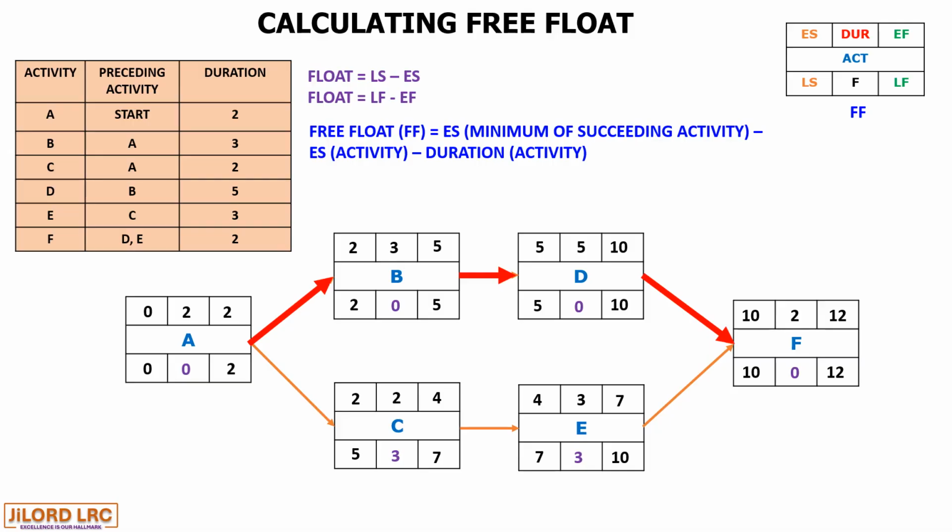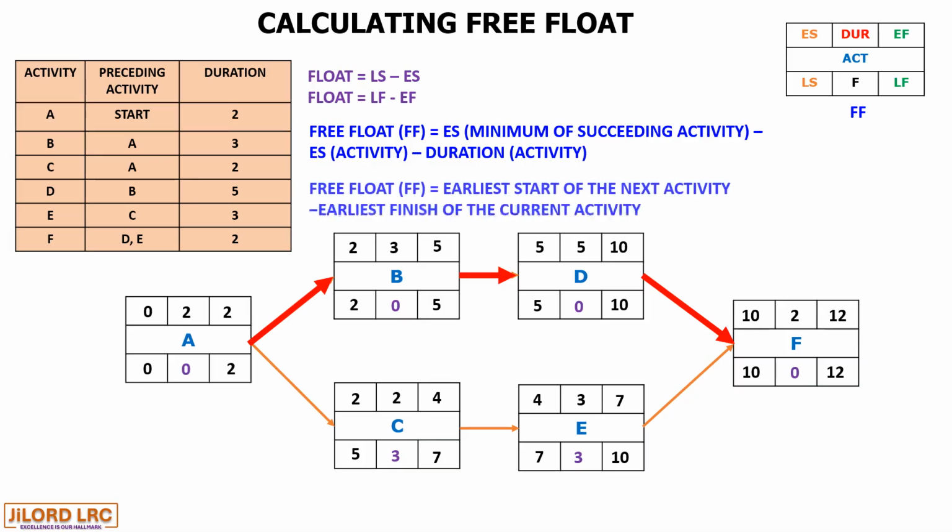In other words, the free float for activity A is the minimum of the succeeding activities, either B or C. So in this case, the minimum succeeding activities are 2. So 2, which is B of B or C, minus 0, which is the early start of A, minus 2, which is the duration of A, and that will give us 0.